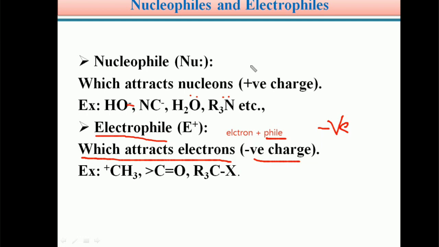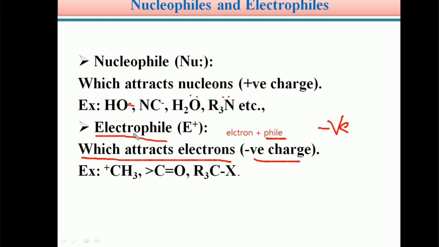So an electron deficient or positively charged reagent will act as an electrophile because of its positive charge or electron deficient nature. It readily attacks the reactive site of the electron excessive portion, the negatively charged portion of the substrate molecule.